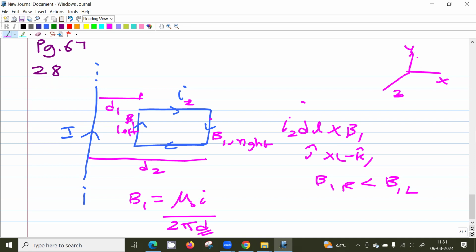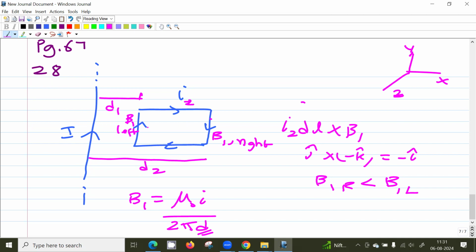So I2 is j cap upwards, right? And B due to I1 is into the plane of paper, which is minus k cap. J cross k is i, and the minus sign is there, so it's minus i cap. So it is towards the left.